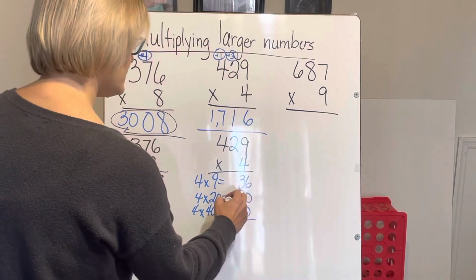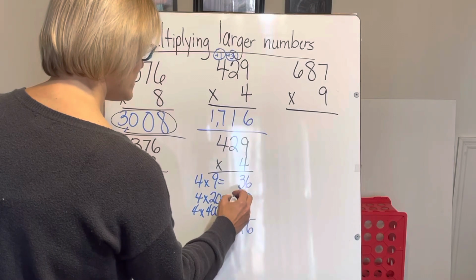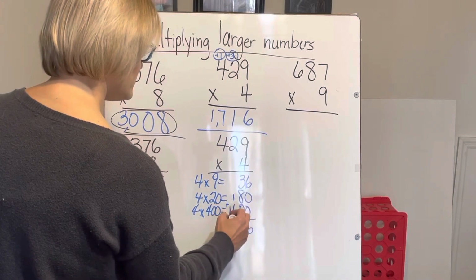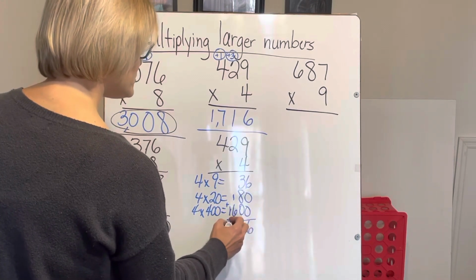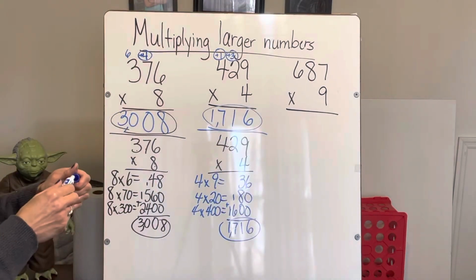And then we add it up. We've got 6, we've got 11, we've got 700, we've got 1000. So again, we have the same result, two different strategies.